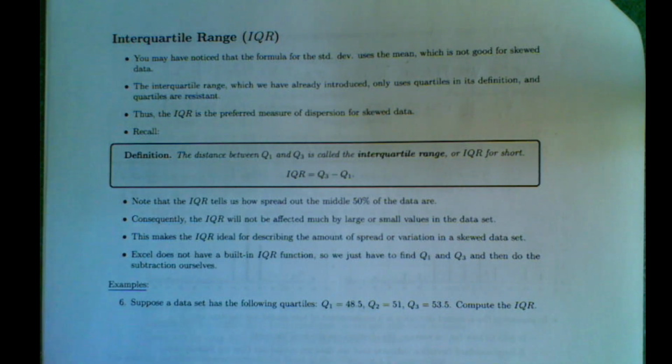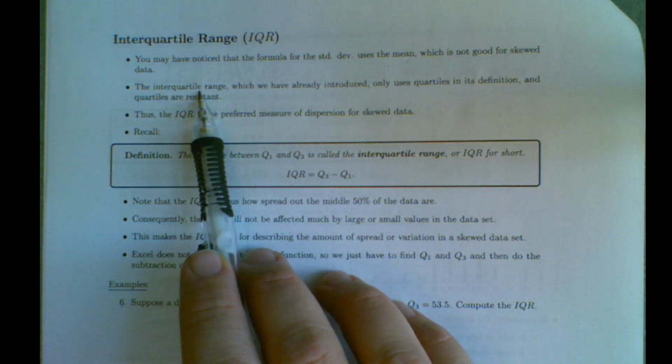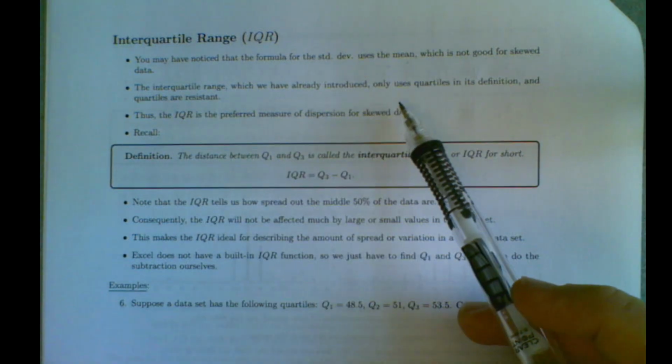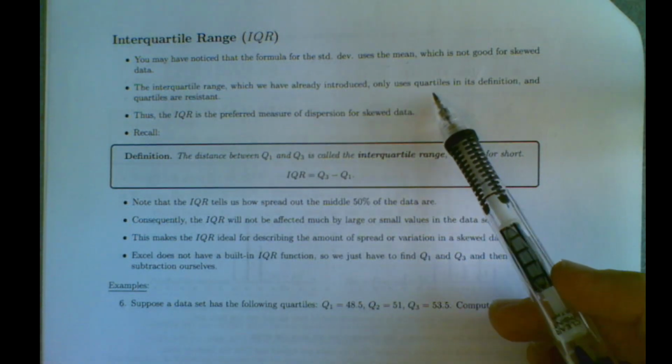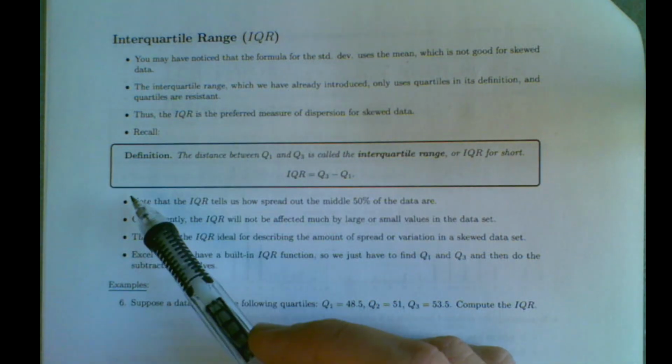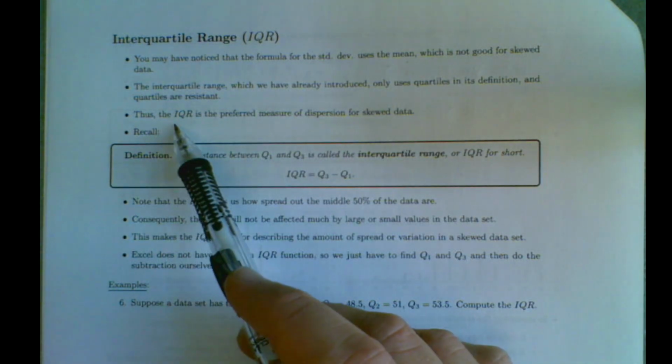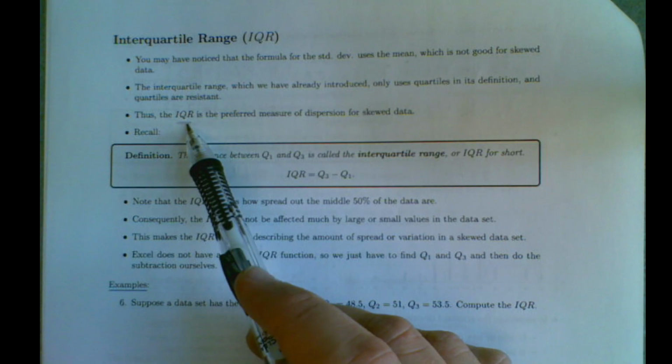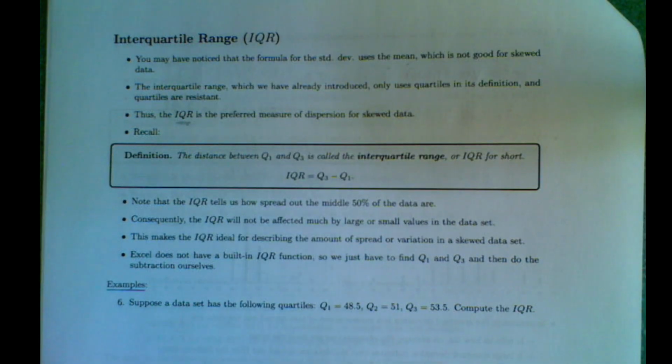On the other hand, the interquartile range, which we've already introduced, only uses quartiles in its definition, and quartiles are resistant. Therefore, the IQR is the preferred measure of dispersion for skewed data. And it's really easy to compute.